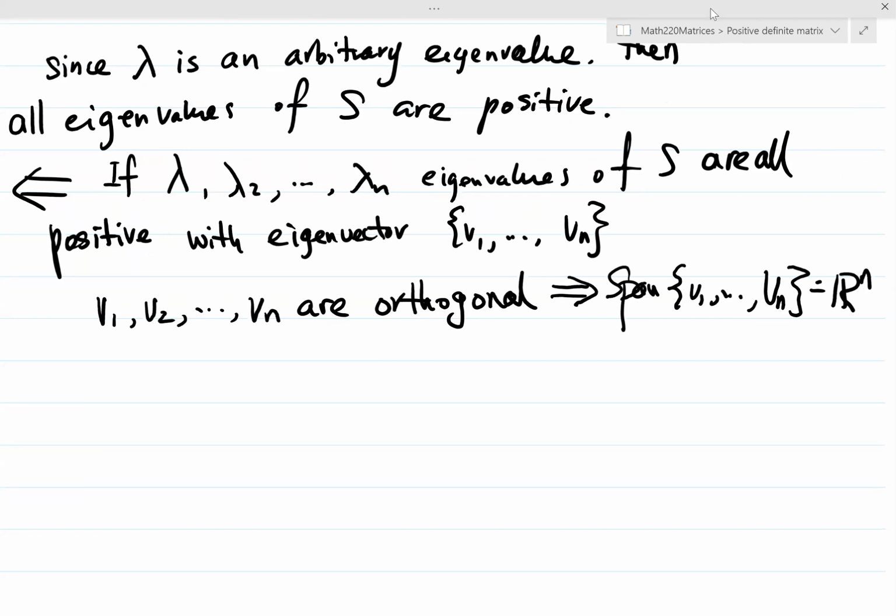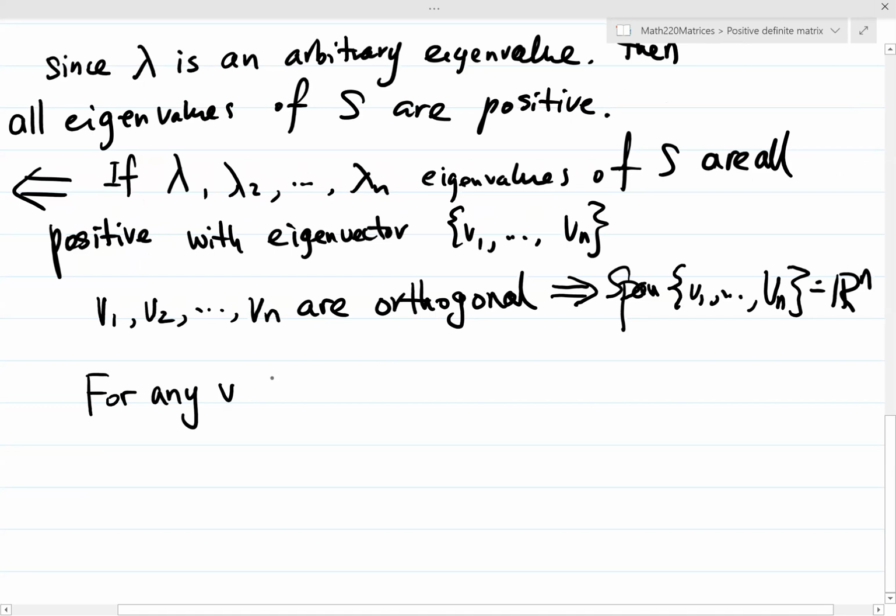So v1, v2, ..., vn is actually a basis of Rn.